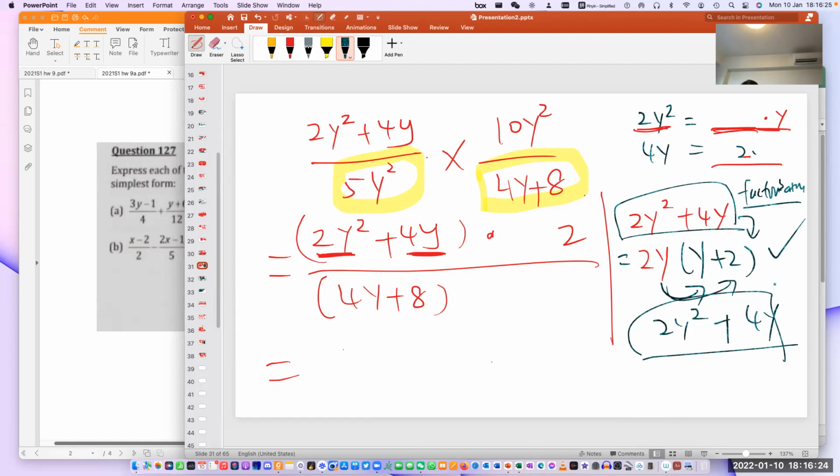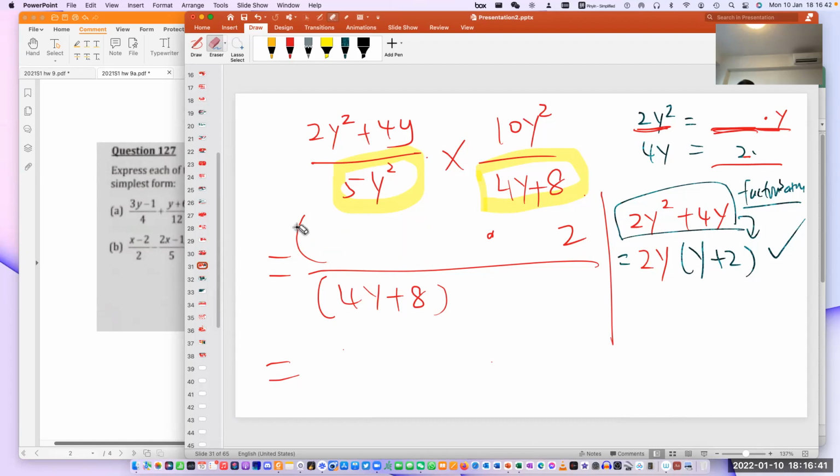Are you clear how you do factorization and check your answer on the spot? Good. Let's continue. So I have factorized 2y squared plus 4y into this format.